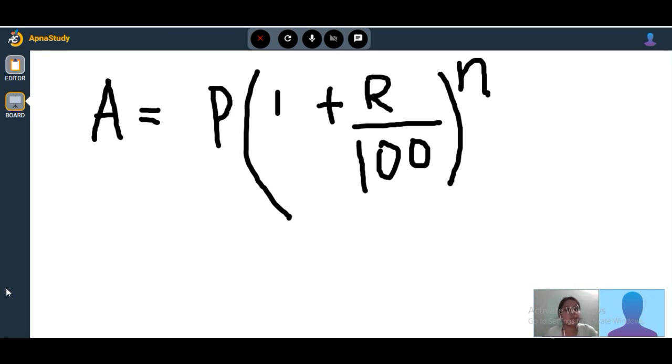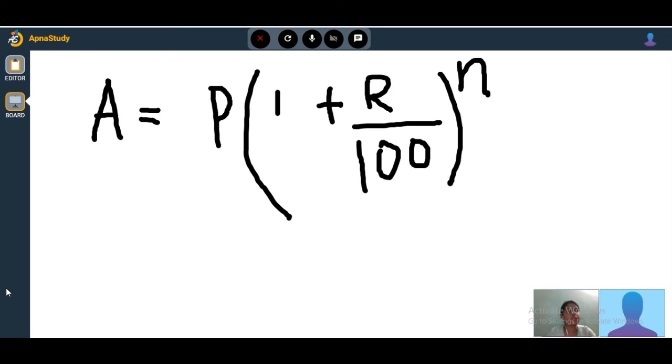So in order to find the final amount that increases on CI or compound interest, we use this compact formula so that we don't need to calculate it again and again for the first year, second year, and the third year.